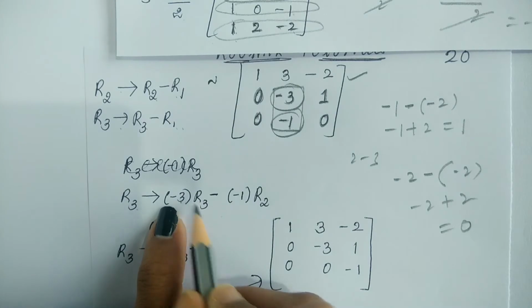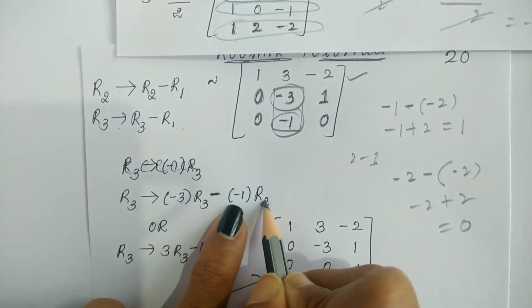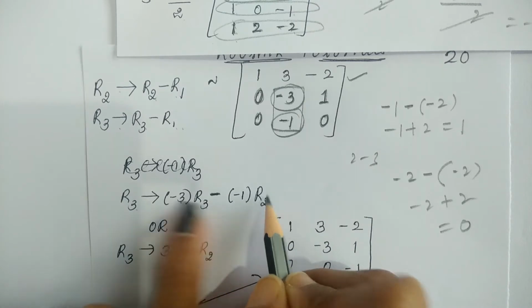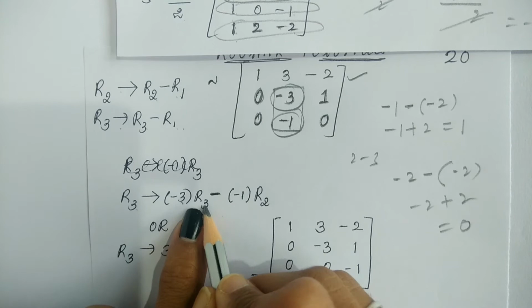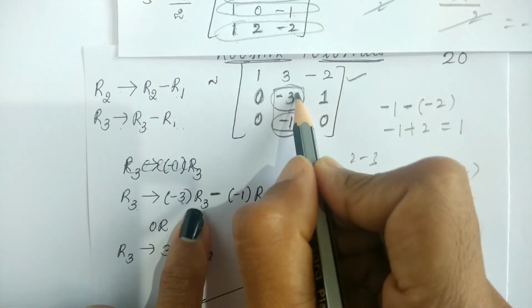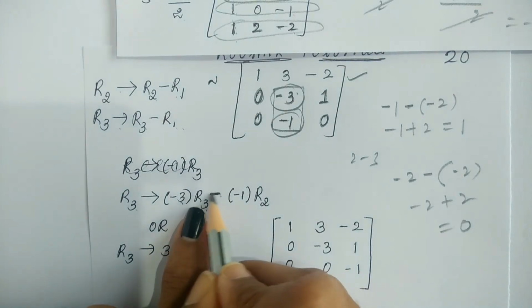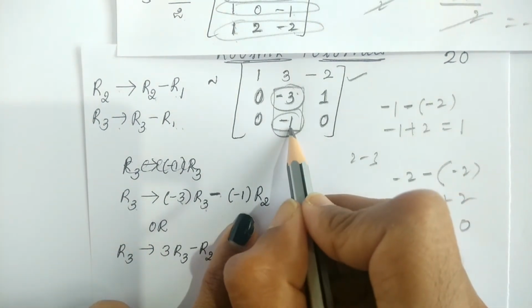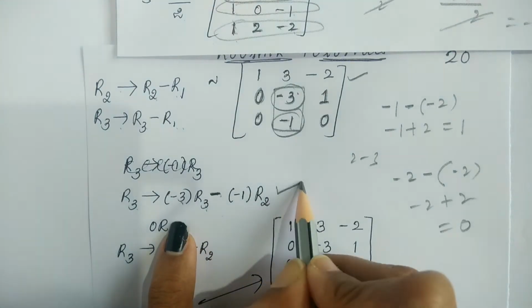So minus 3 into R3 minus 1 into R2. Is it clear? So just take minus 3 into R3. Minus 3 belongs to row 2, so write R3. Minus 1 belongs to row 3, but write R2. Is it okay?